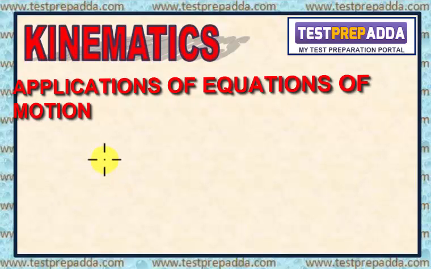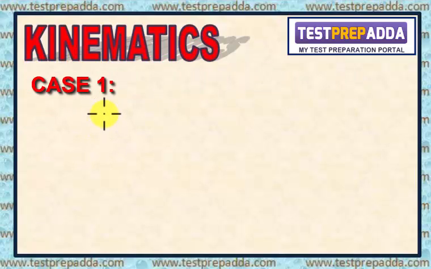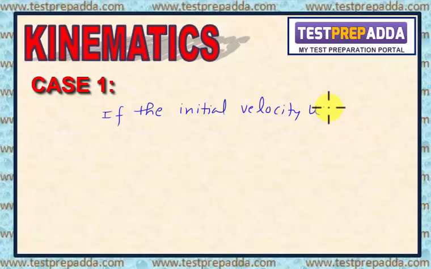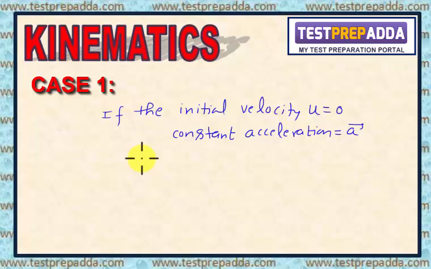In case 1, if the initial velocity is given as 0 and the particle is accelerated with a constant acceleration A, then we can take that displacement equal to distance.